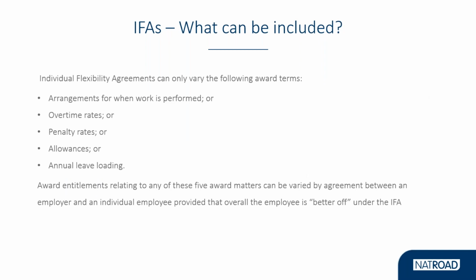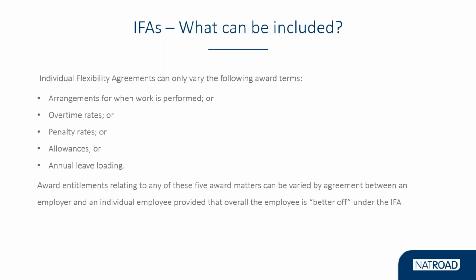So the provisions under the individual flexibility arrangement clause limit what can and can't be included in an individual flexibility agreement. What can be included are the arrangements for when work is performed, such as start and finishing times, overtime rates, penalty rates, allowances, and annual leave loading.